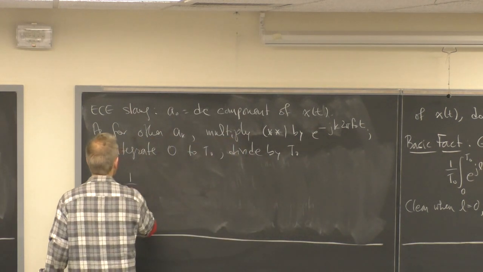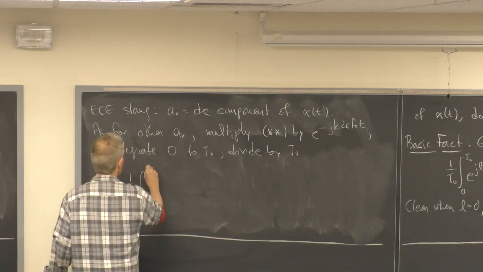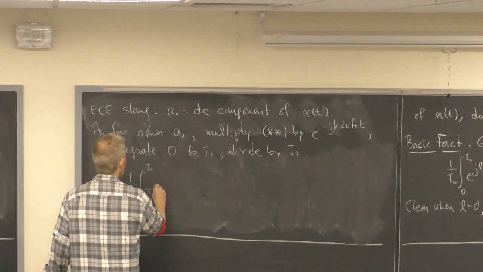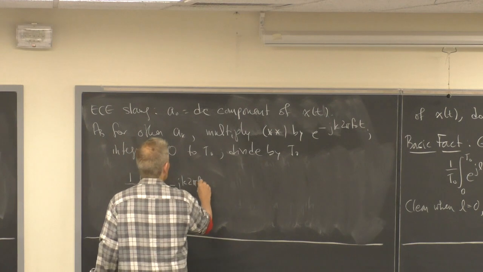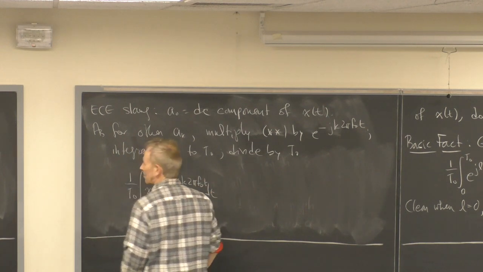On the left-hand side, you get 1 over t0, integral from 0 to t0, x of t, e to the minus jk 2 pi f0t dt.